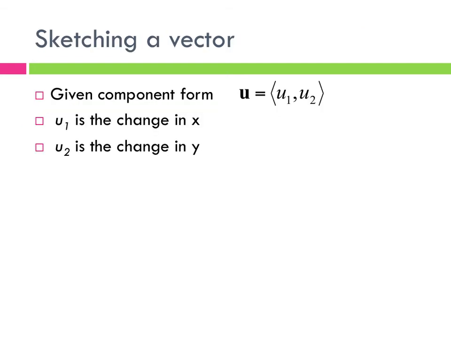Okay, so the other thing you're going to learn to do today, which is kind of like what I just showed you, is sketching the vector. And you have two ways to do this. If you're given the component form, like if it actually says the change in x and the change in y is this, then you start at 0, 0, and then use the vector as the terminal point.